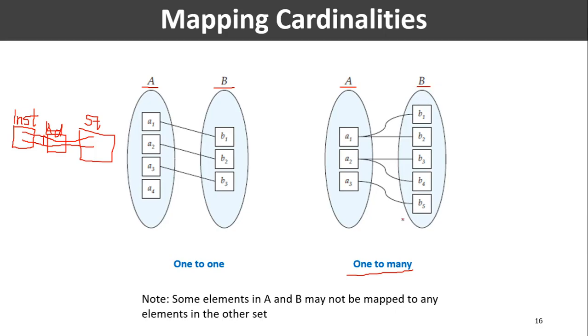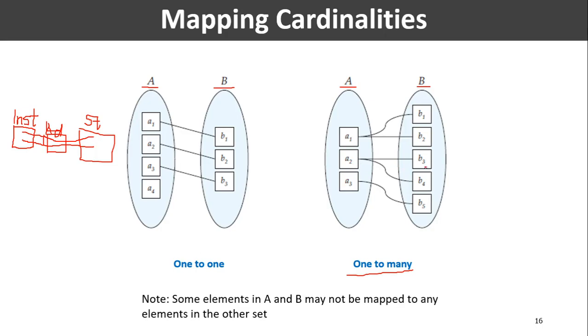So what do we mean by a one-to-many relationship? If we look at entity A1 from entity set A, this entity is associated with any number of entities in B. Here A1 is associated with B1 as well as B2.